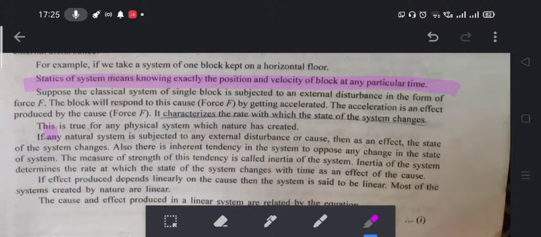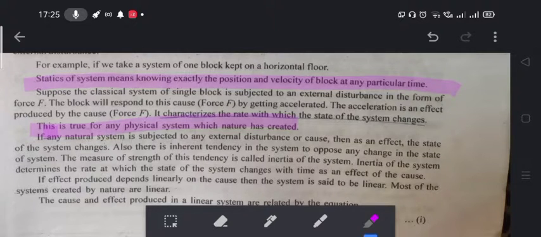So for natural systems, whatever external disturbance in the form of force we have, that cause produces a response in the naturally created system in a linear way. So this motion has a linear equation, that is F is equal to ma, where force is understood as the cause of producing acceleration.